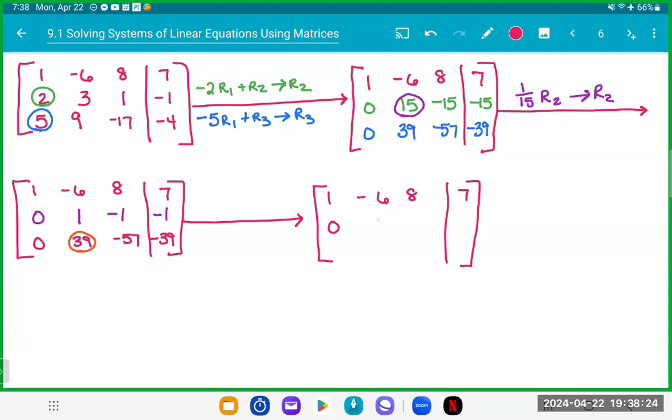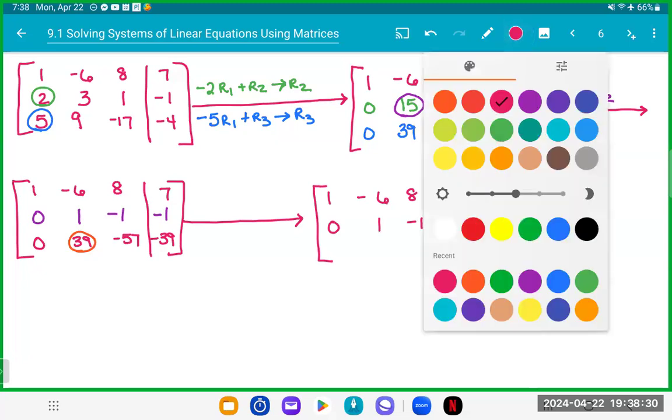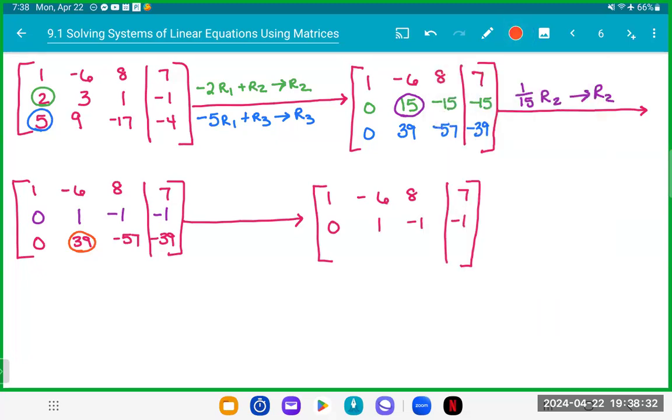And 0, 1, -1, -1. Okay? So in this problem, we're really just looking at making that a 0. So it'd be -39 times row 2 added to row 3, replacing row 3.